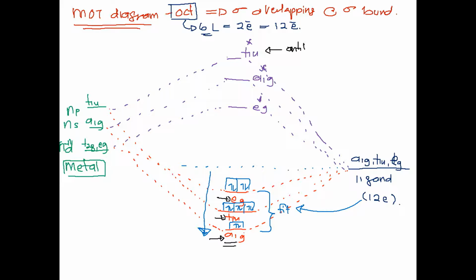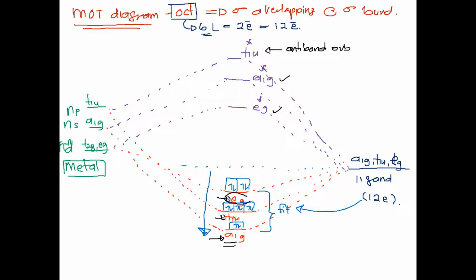So each of the bonding orbitals will be paired with their anti-bonding orbital. They will exist together. So when there is A1G, there is an A1G anti-bonding orbital. EG, with the EG star anti-bonding orbital.